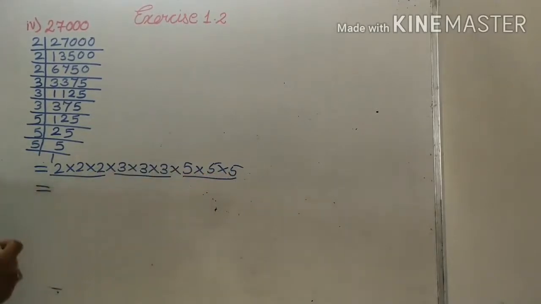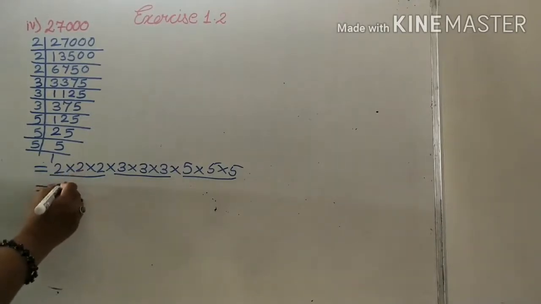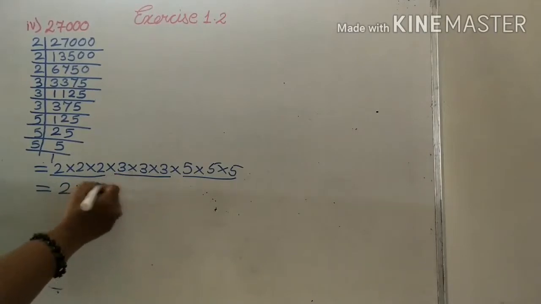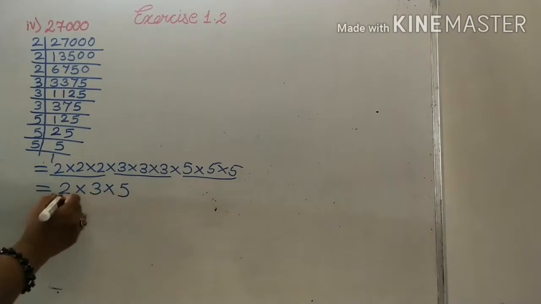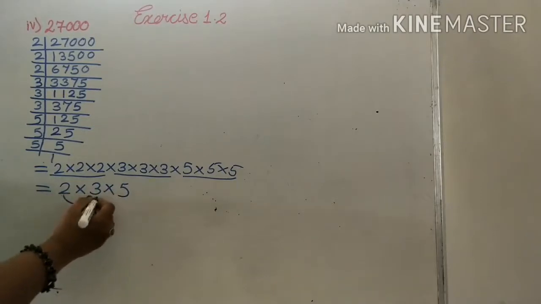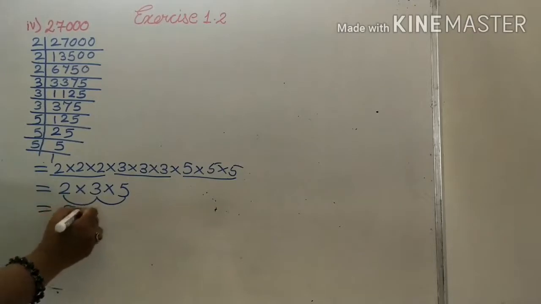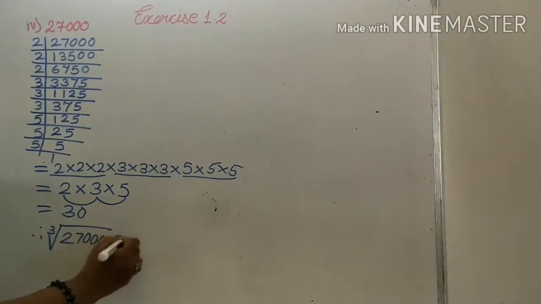Now from each group we have to take one digit. From the first group we are taking 2, into second group 3, into third group 5. Now multiply. 2 3s are 6. 6 5s are 30. Therefore, the cube root of 27,000 is 30.